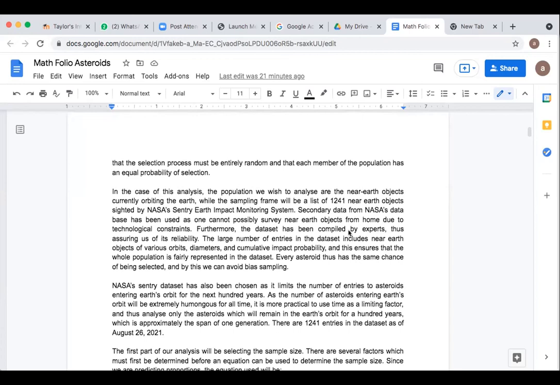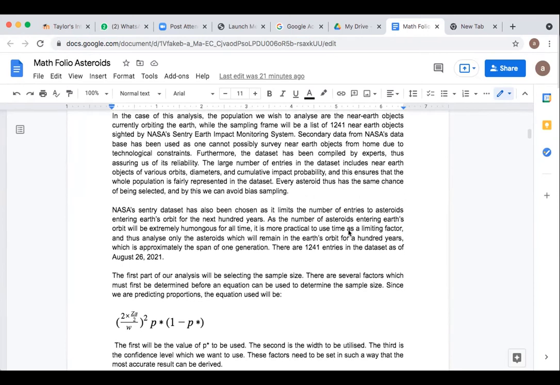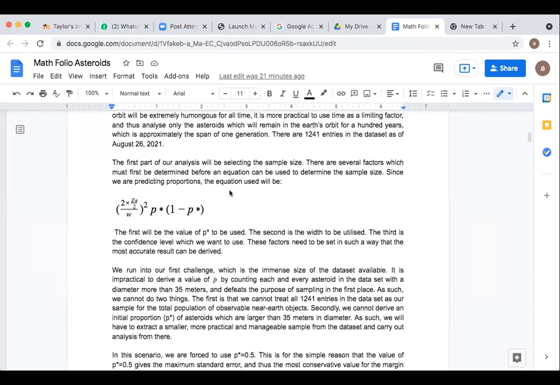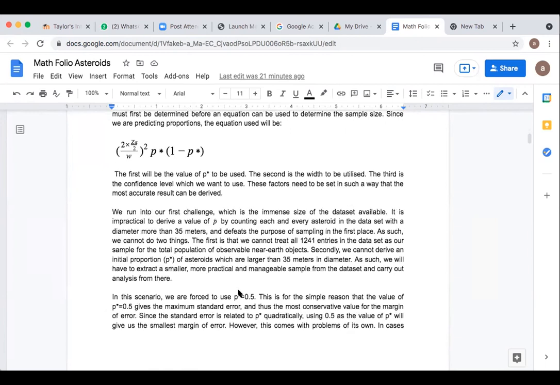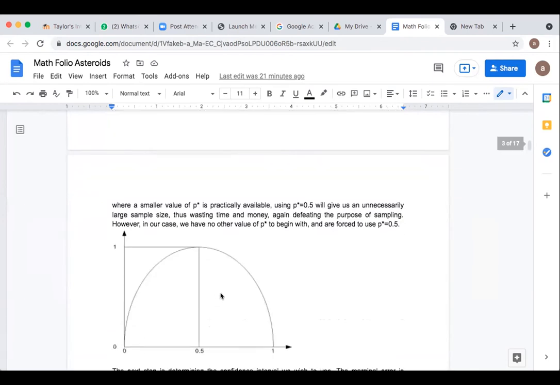It's always a choice. So we want to choose it so that it's as accurate as possible and we minimize the margin of error. So what I did first is to use this equation and decide what values I want to use for each part of the equation: the value of P star, the value of width, the value of margin of error, which I derive from the width, and the value of the confidence level.